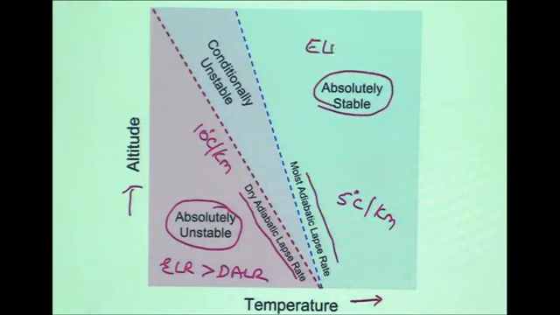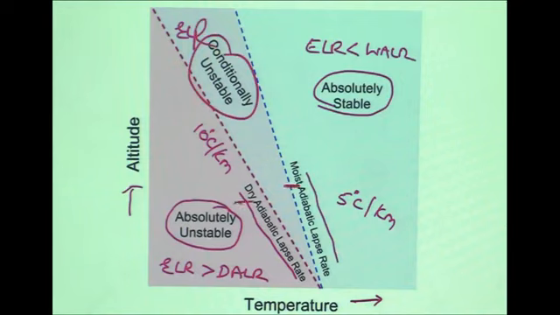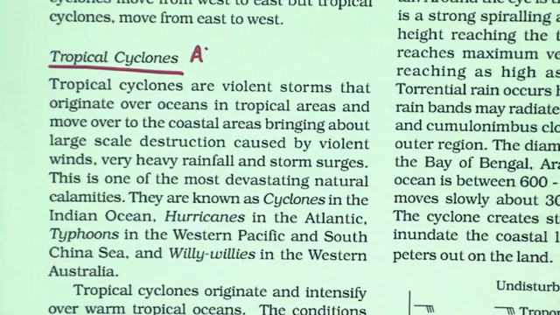Absolutely stable. Environmental lapse rate is less than moist or wet adiabatic lapse rate. Conditional instability when environmental lapse rate is in between wet and dry adiabatic lapse rate. And what condition is where we talk about tropical cyclone-like weather systems? It by default will be with absolute unstable environmental conditions. The tropical cyclone, example of absolute instability.